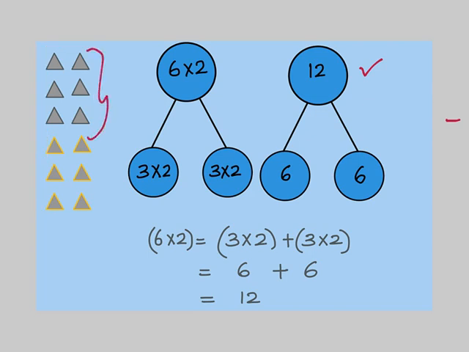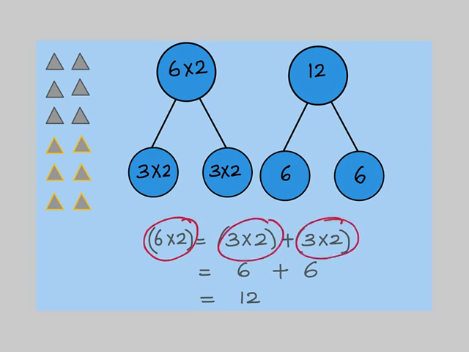Whereas it has 3 rows of 2, that's the first part, and that makes 6. And the second part is 3 rows of 2, and that also makes 6. So the total equals part 1 and then part 2.